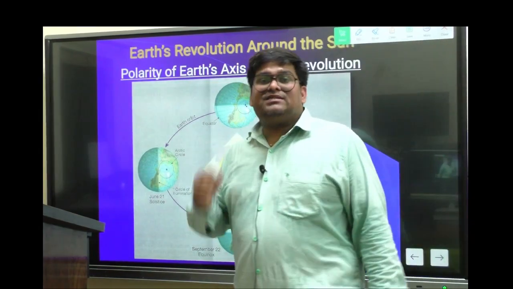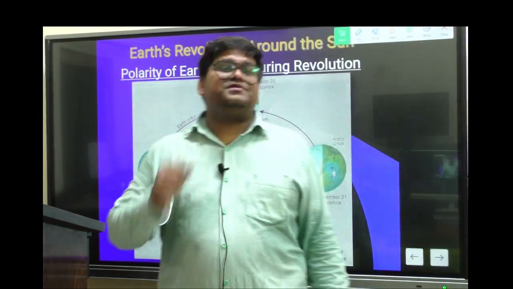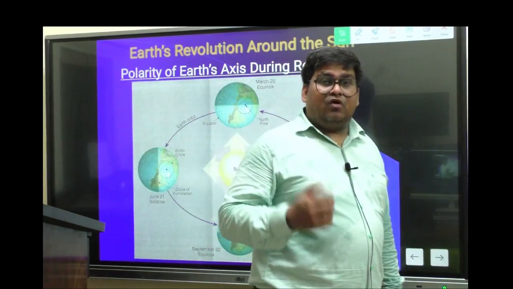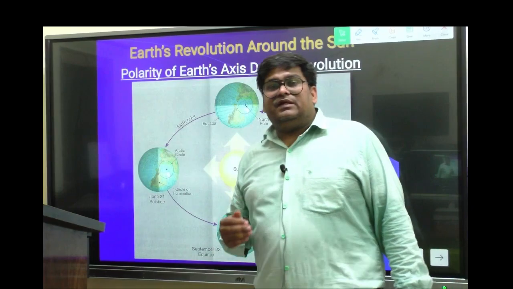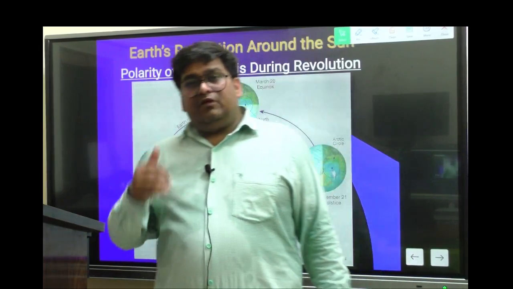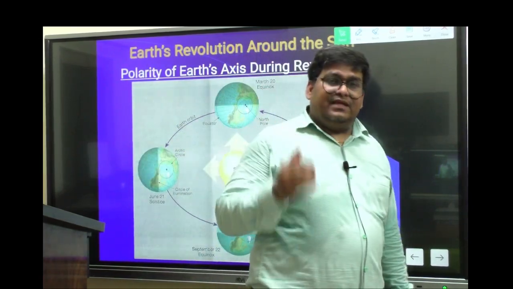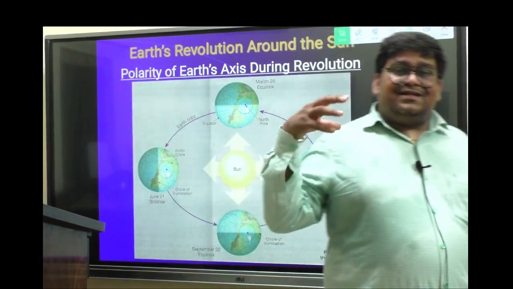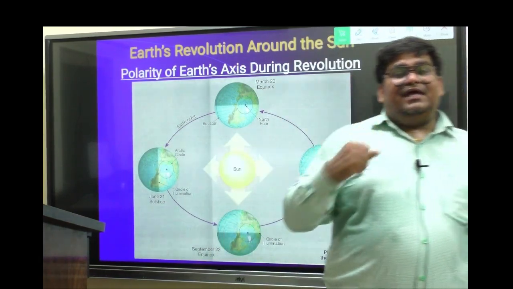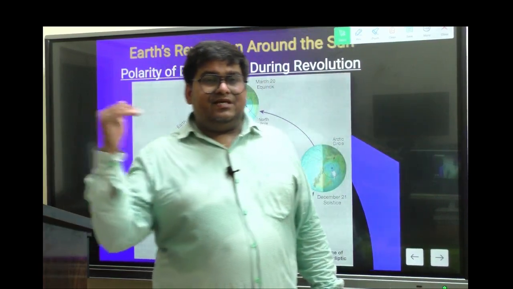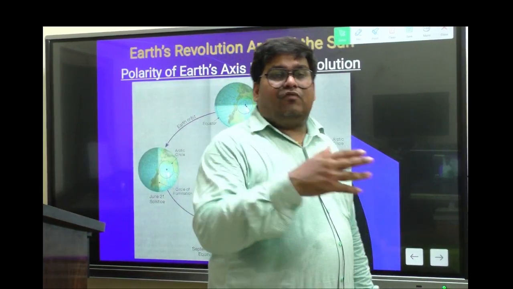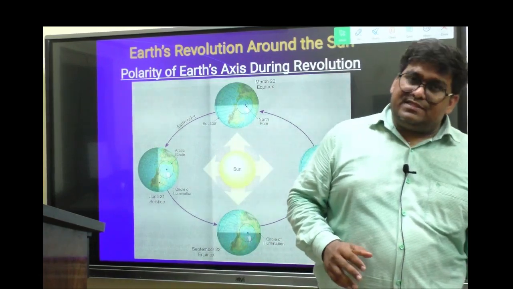What would happen in the southern hemisphere during summer solstice? The opposite. If it is summer in the northern hemisphere, there will be winter in the southern hemisphere. Why? Because the Sun is lying at the Tropic of Cancer, so its rays fall directly over the Tropic of Cancer.